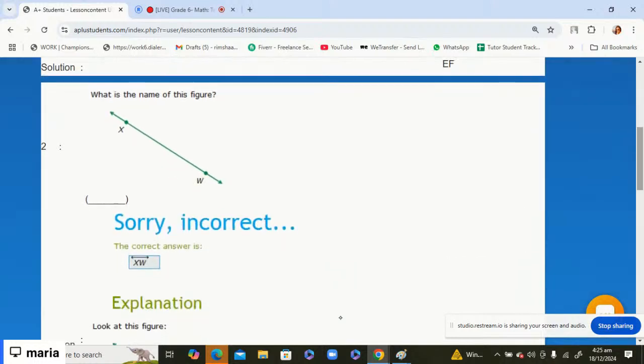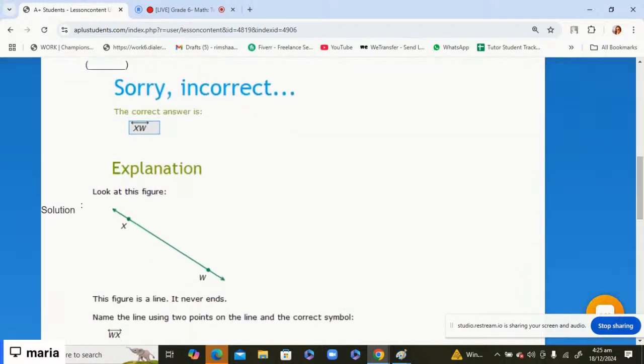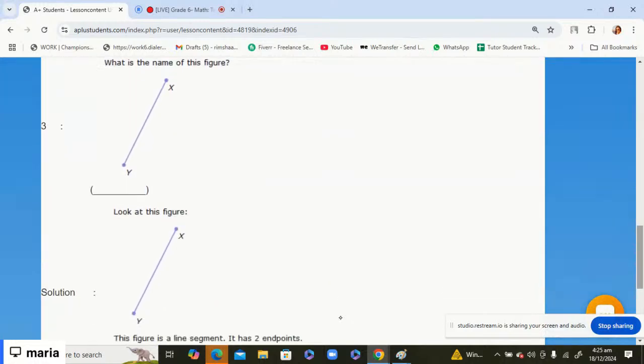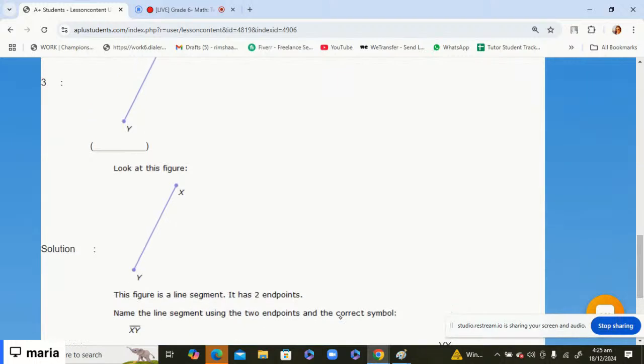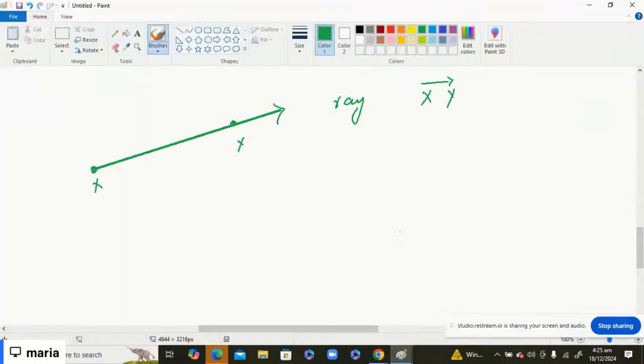Now if there are two points and there is no ending point, this is called the line. And if there is no arrow, this is called the line segment. In the second figure this shows like this way.